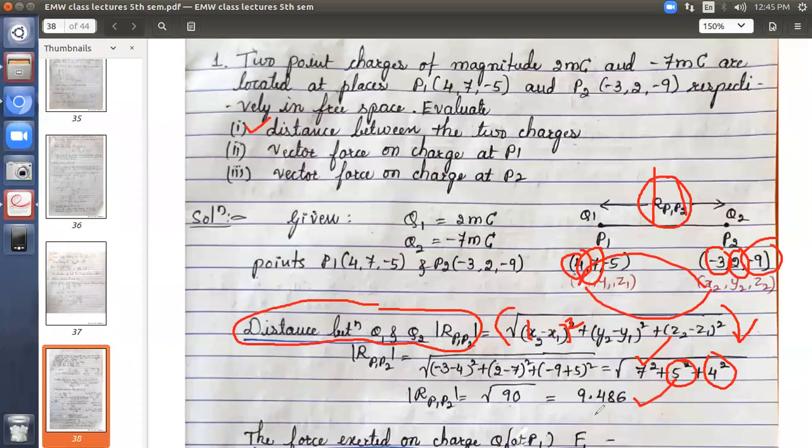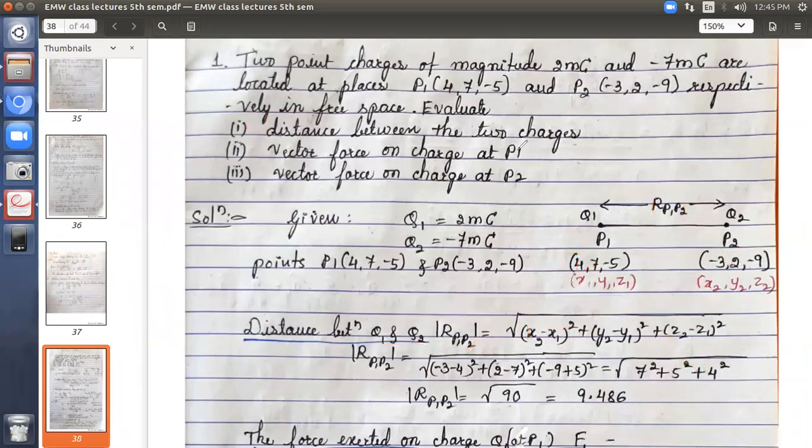You can cross verify. Sometimes I may get it wrong because I'm using a cell phone calculator. I don't have your mathematical calculator, so I may get something wrong somewhere. Whenever I'm doing some calculations, please cross verify and check the answers. If I'm wrong anywhere, please let me know. So this is the first part, distance formula application and finding the distance between them.